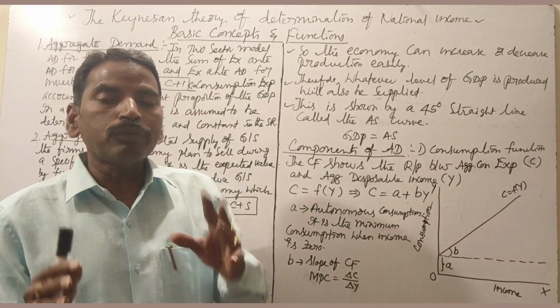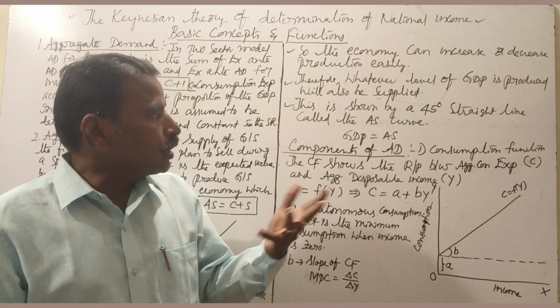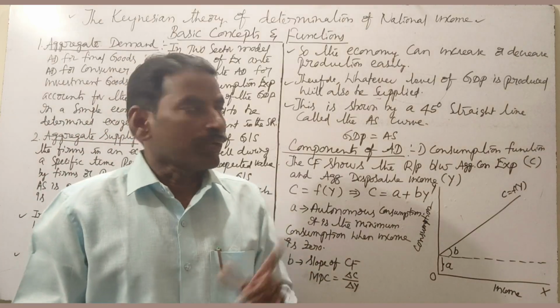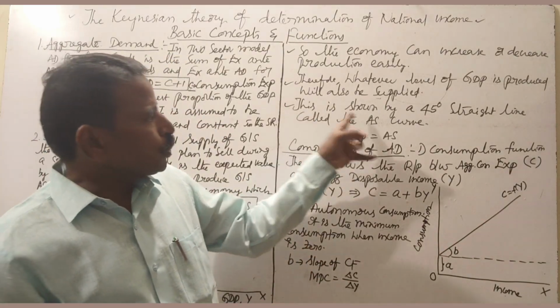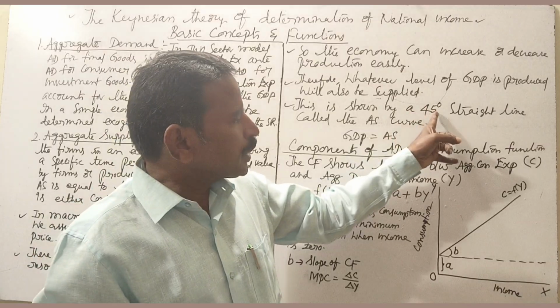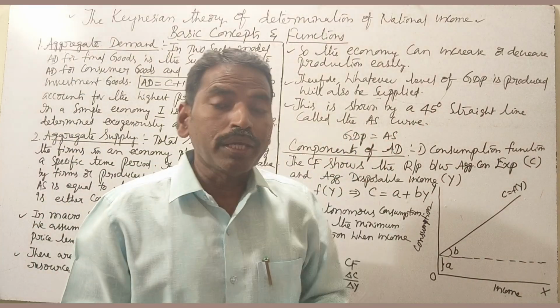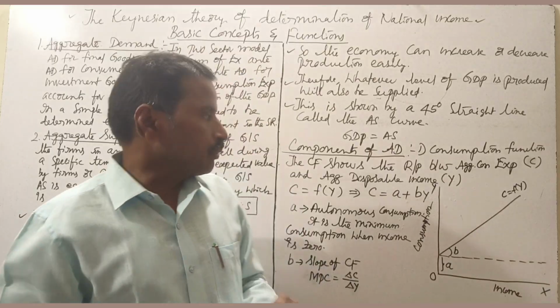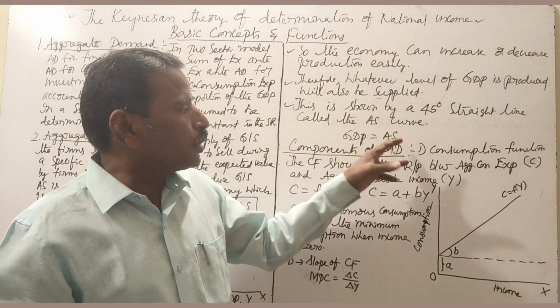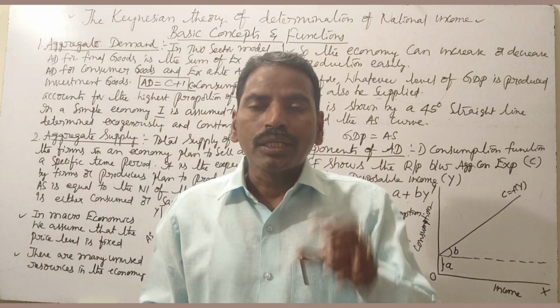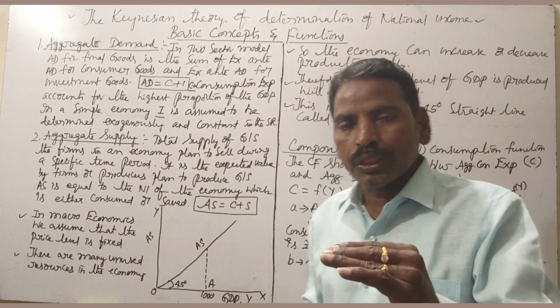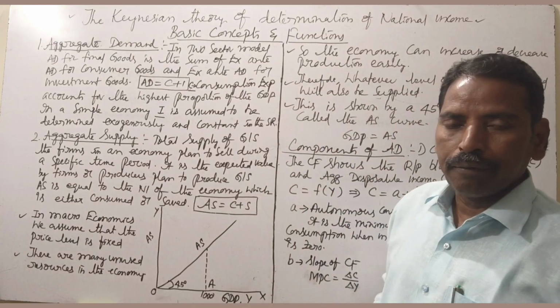This is shown by a 45-degree straight line called the aggregate supply curve, that is, GDP is equal to aggregate supply.